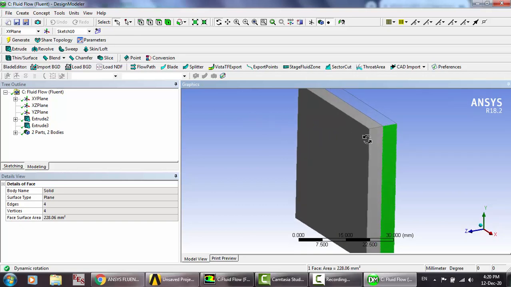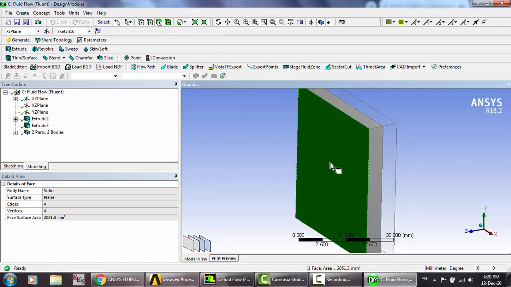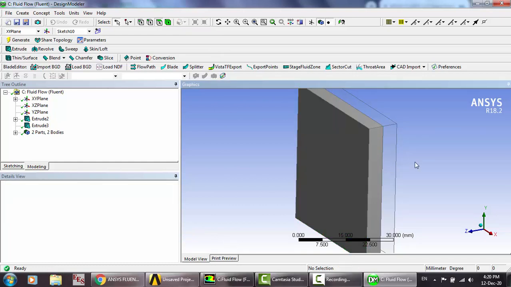So we're going to investigate this case without any convection heat transfer to this surface and see the temperature, and then we're going to add convection heat transfer by two methods, and then we're going to compare that to the ANSYS steady state thermal.